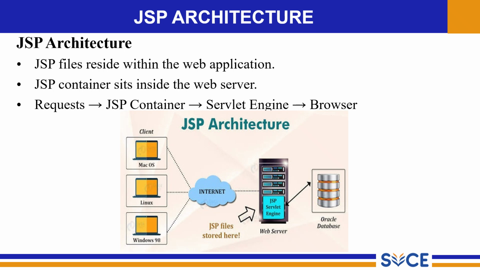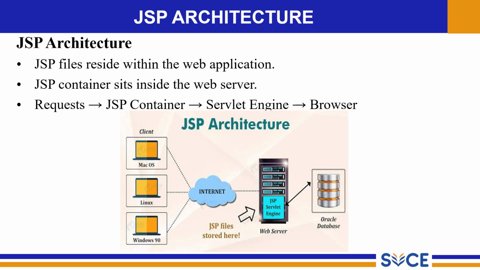In a typical web application, JSP files are stored within the application's directory structure, often under folders such as webapp. These files contain HTML combined with JSP elements which allow developers to embed Java code or invoke server-side logic directly within a web page. When a user sends a request, for example by entering a URL that points to a JSP file, the web server receives this request first.